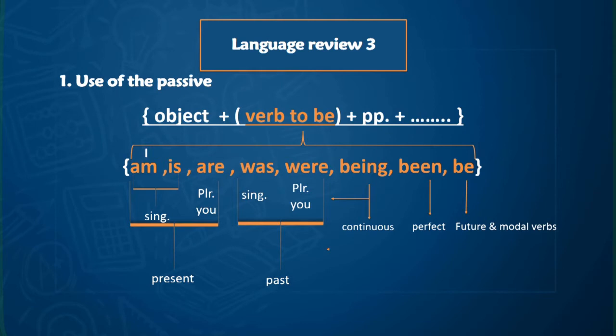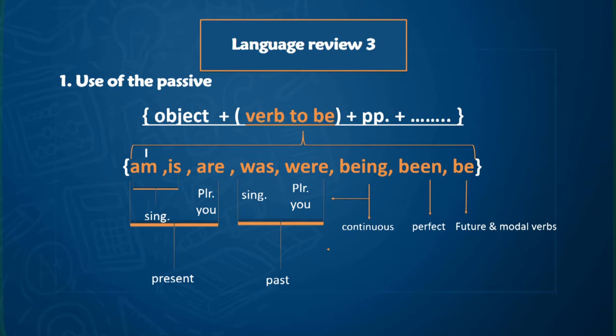For example, for the present simple tense we use the verb to be am, is with singular, and we use are with plural. Also, are can be used with you, even if it is singular.